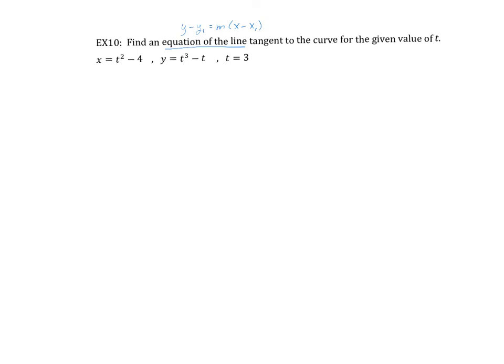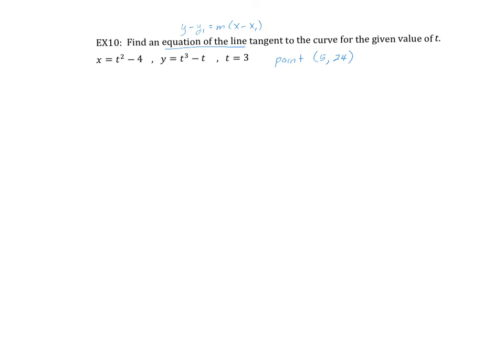If I just put in t equal to 3 into my x and my y values, then I get the point 5, 24. 3 squared is 9, minus 4 is 5. And then 3 to the third is 27 minus 3, 24.